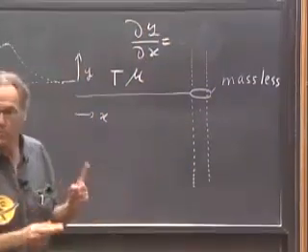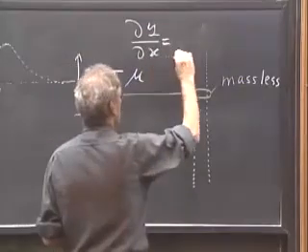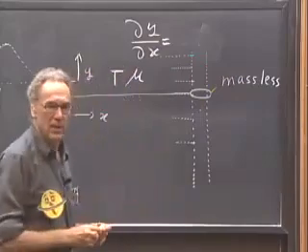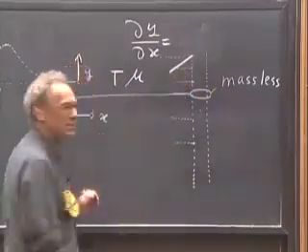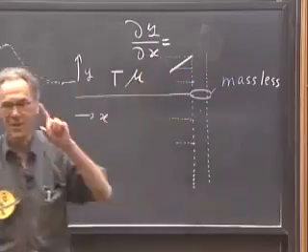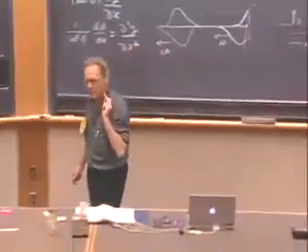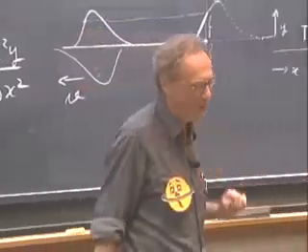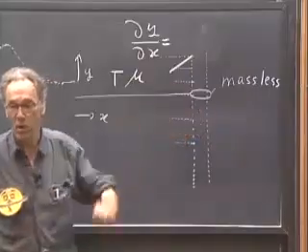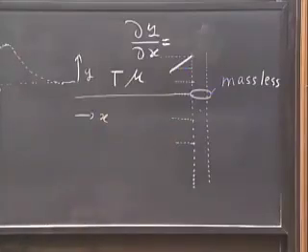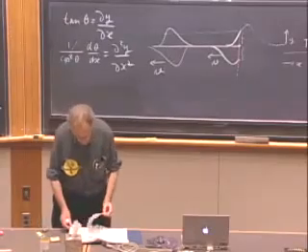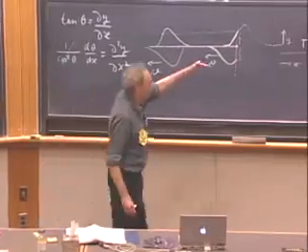If it weren't 0, then there would be a force on this ring, because the tension would be in this direction, but the ring has no mass. And so the acceleration of the ring would be infinitely high, which we don't allow. So therefore, in the extreme case, you will now see something very different. You will see that the string at all moments in time will have to be like this.